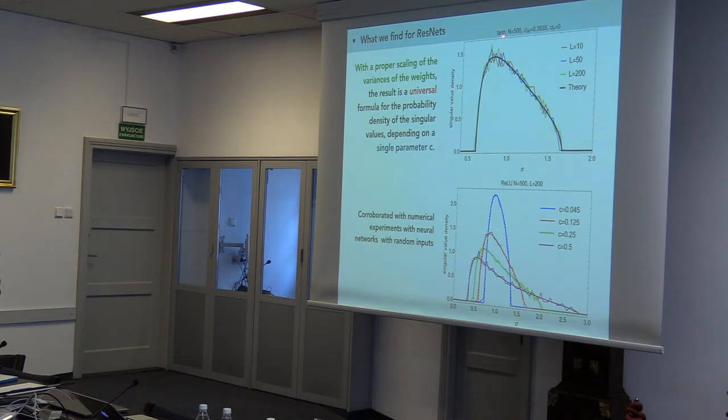This is for the hyperbolic tangent activation function with the same widths in all the examples here, with a particular variance for the elements of the weight matrices.